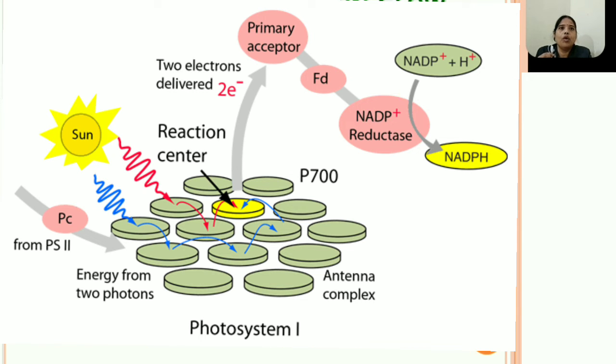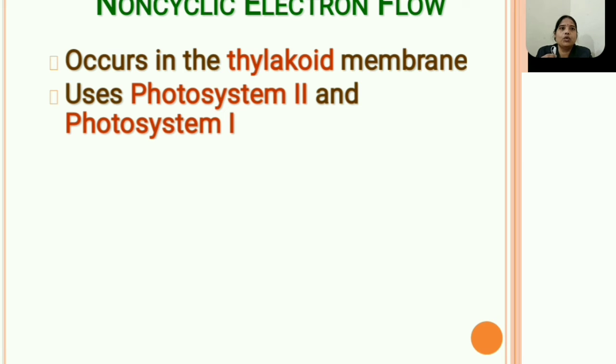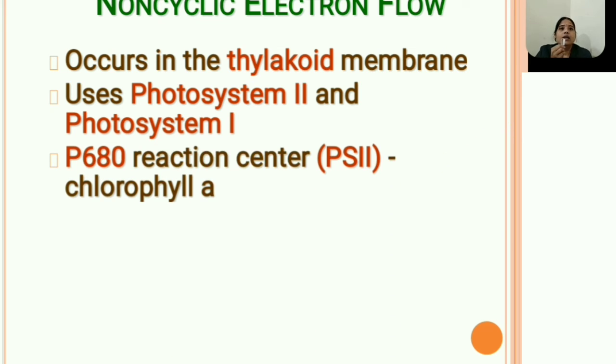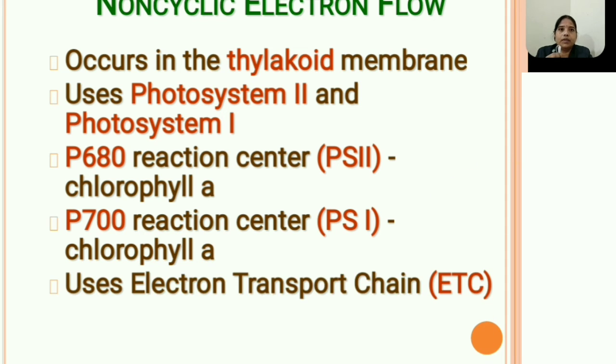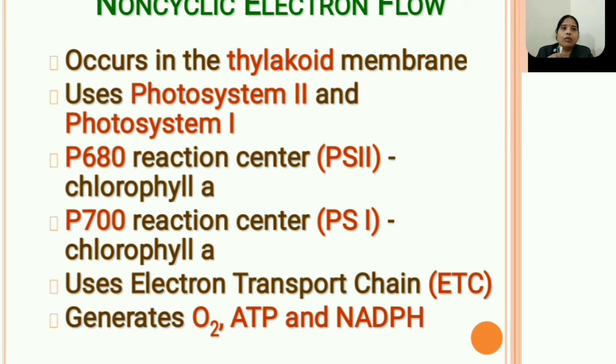Non-cyclic electron flow occurs in the thylakoid membrane and uses both photosystems I and II. P680 is the reaction center in photosystem II, chlorophyll a, and P700 is the reaction center in photosystem I. The electron transport chain, ETC, generates oxygen, ATP and NADPH2.